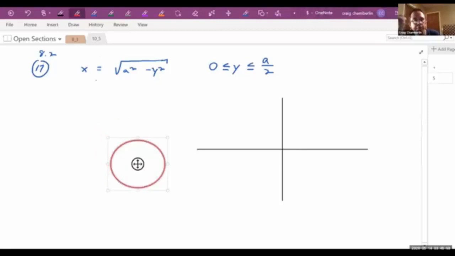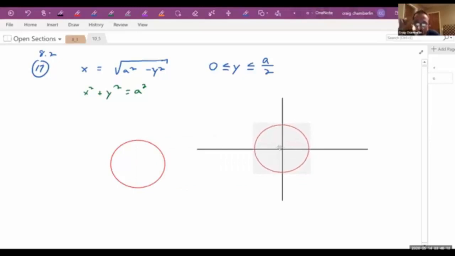Now, the reason I know it's a circle is if you square both sides and then add y squared, the full circle would be x squared plus y squared equals a squared, wouldn't it? But because we're only allowing y to go from 0 to a over 2, it's not going to be the full circle. So we'll have to take part of it away the way I'm doing it, or you could just draw part of it.